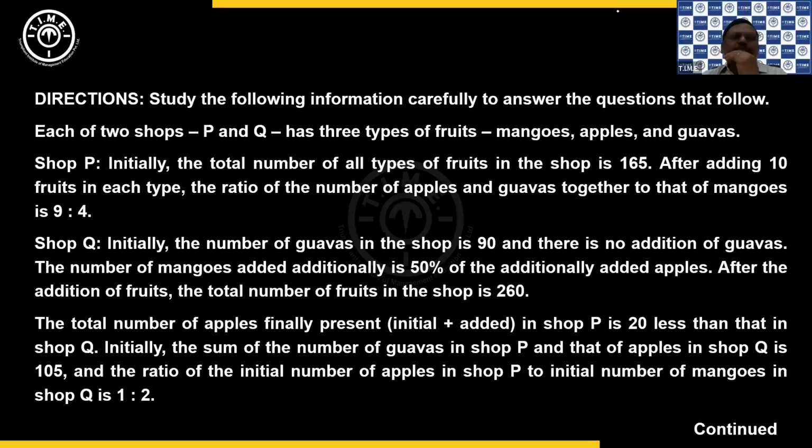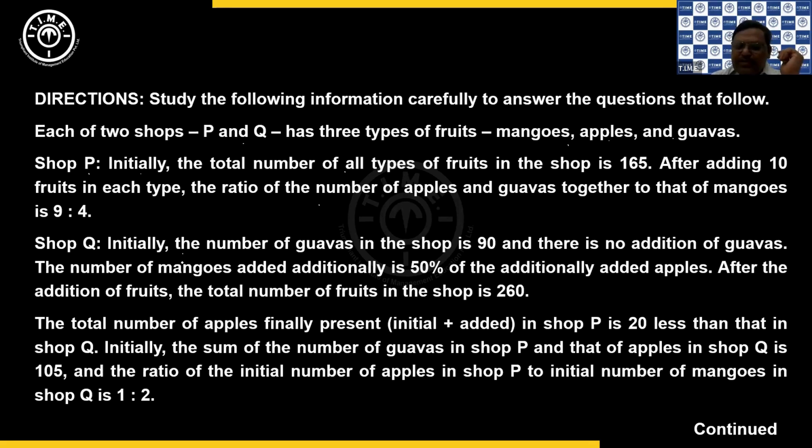Right, friends. This will take some time for you to put the data in the proper order. Each of two shops, P and Q, has 3 types of fruits: mangoes, apples, and guavas. If you read the whole data, initially you have something, and something is added. Here also you have initially something, and something is added.